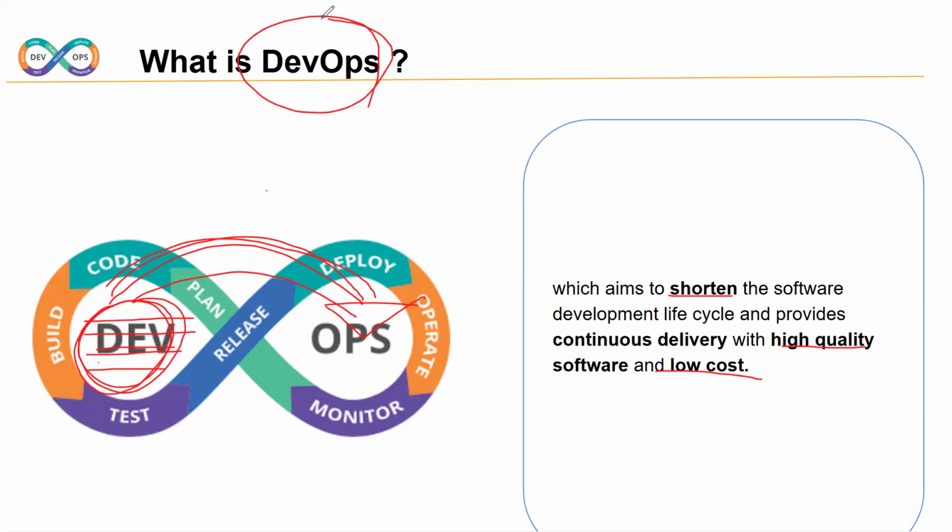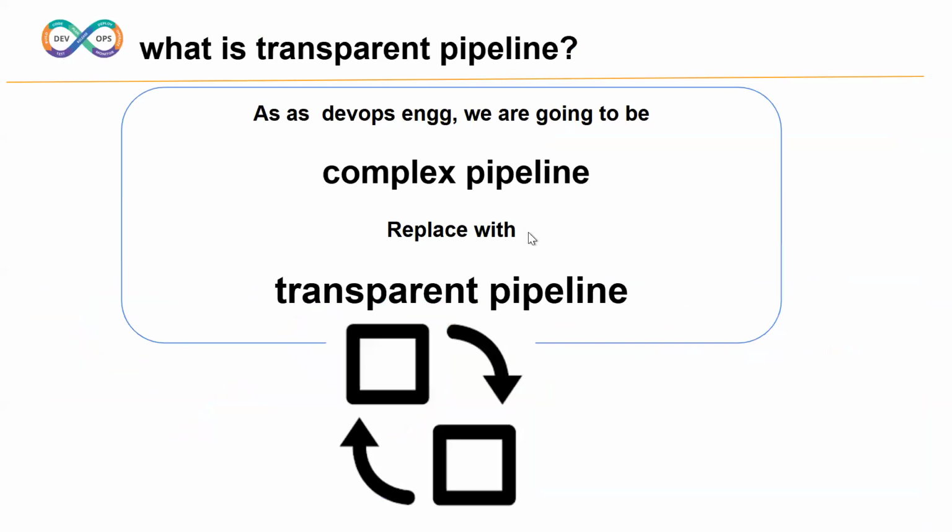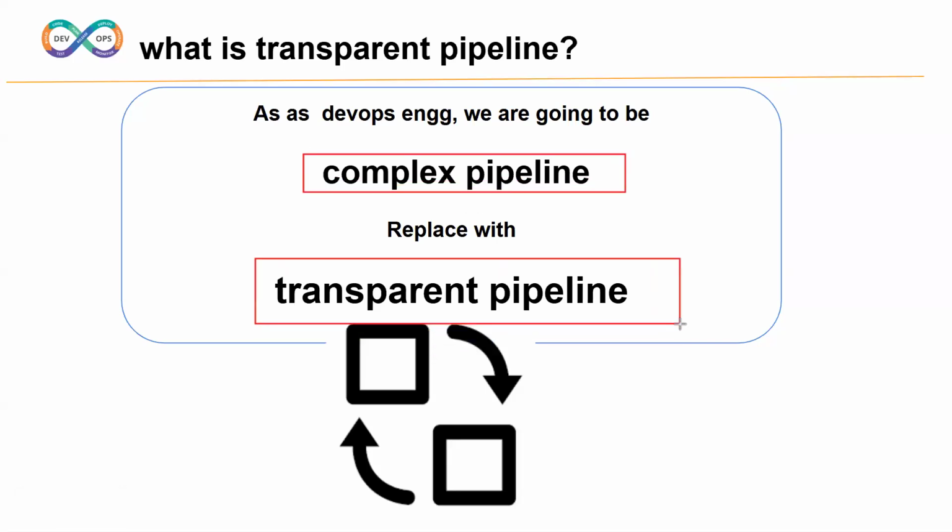That is exactly our DevOps transparent pipeline. But as a DevOps engineer, what exactly is our major role? We are replacing the complex pipeline with a transparent pipeline. That is exactly our major role.